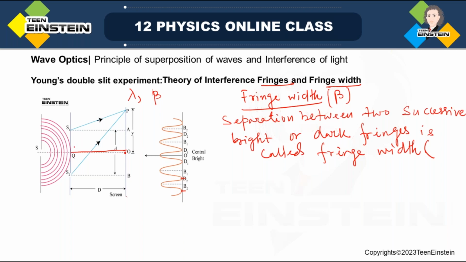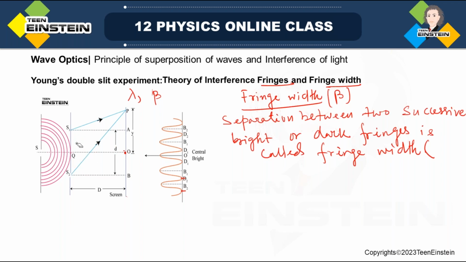So central point means what? This is the line which we have drawn from the middle point between the slits to the middle point of the screen. If this much is d by 2, this much is also d by 2.